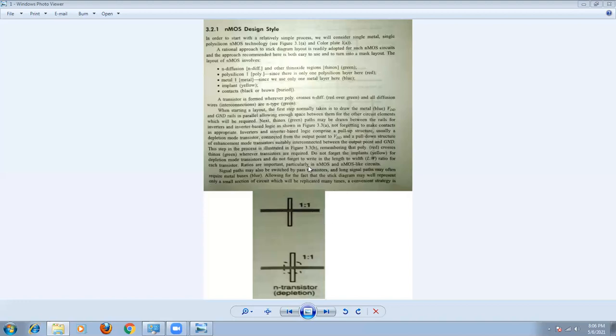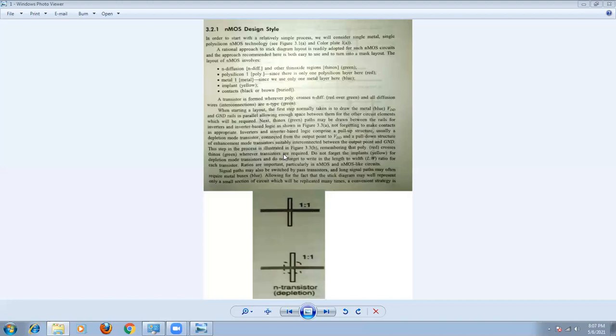And remember, how to form a transistor? You have different layers: N diffusion, green color, and polysilicon, red color. Whenever the polysilicon crosses the diffusion layer, a transistor is formed. Remember that point, see the wording here.